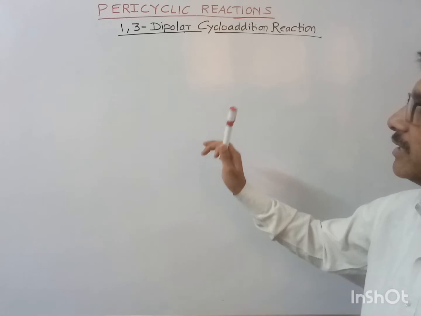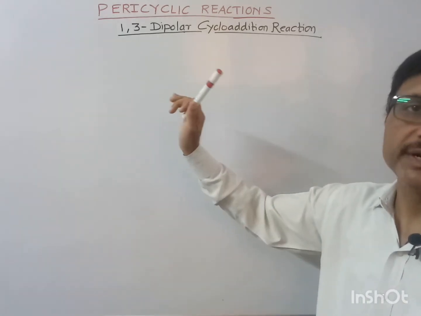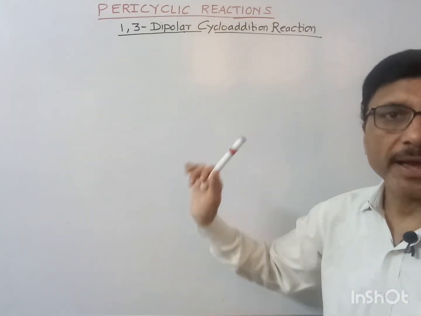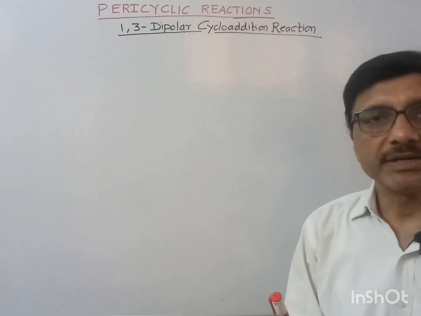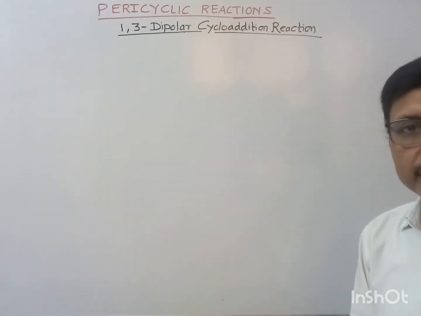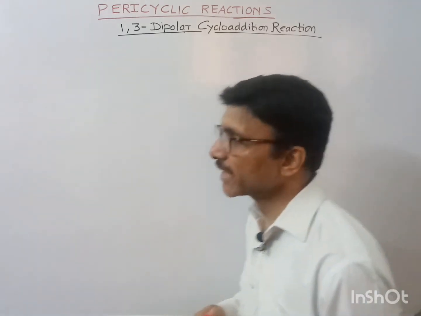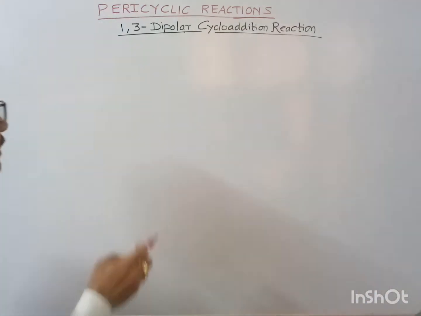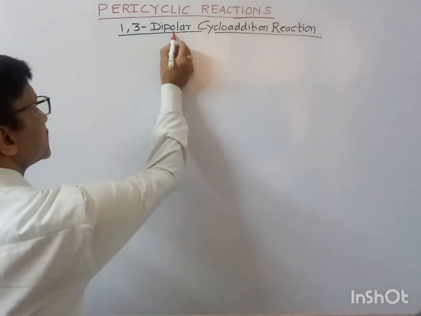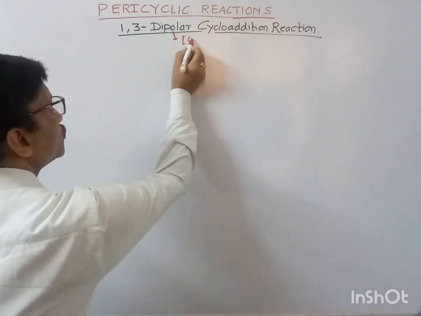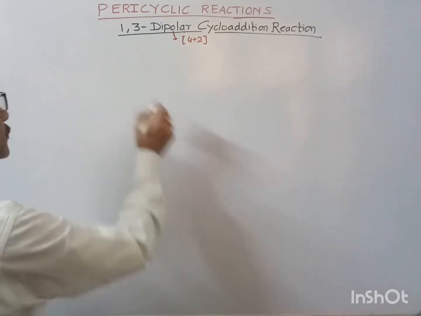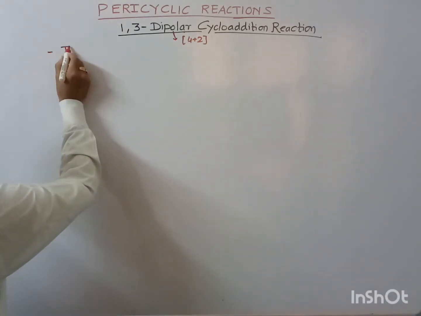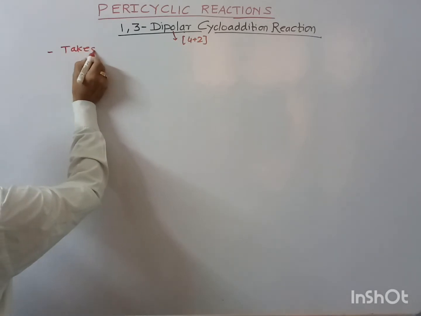In the Diels-Alder reaction, one component was a diene and another component was a dienophile. Now here, one component is the 1,3-dipolar species and the other component is the dipolarophile. So the main thing is that this 1,3-dipolar cycloaddition is an example of a 4+2 cycloaddition reaction, taking place under thermal conditions.